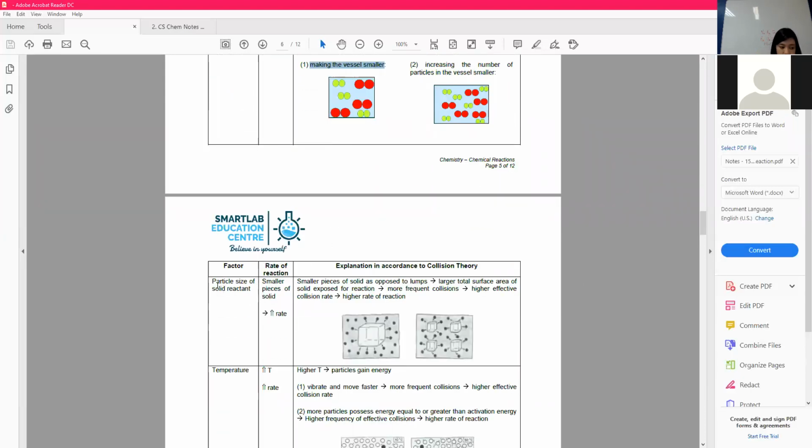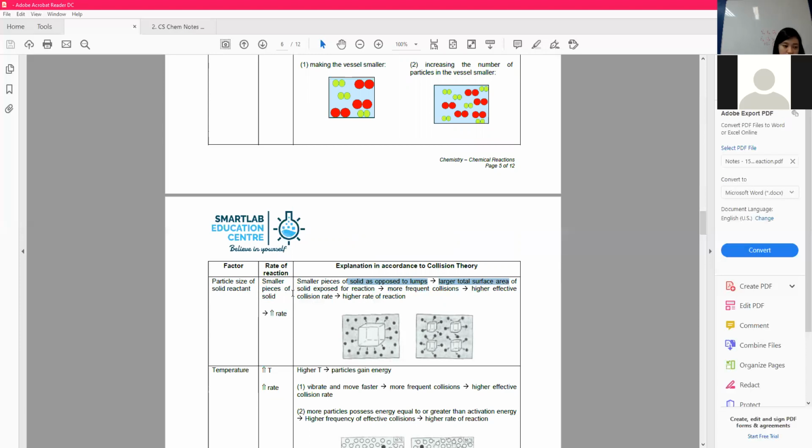The third factor is the particle size of the solid reactant. This only affects you if the reactant is in solid form. The smaller the solid, the higher the rate of reaction. Why? Because if something is smaller, there is a larger total surface area exposed for the reaction.